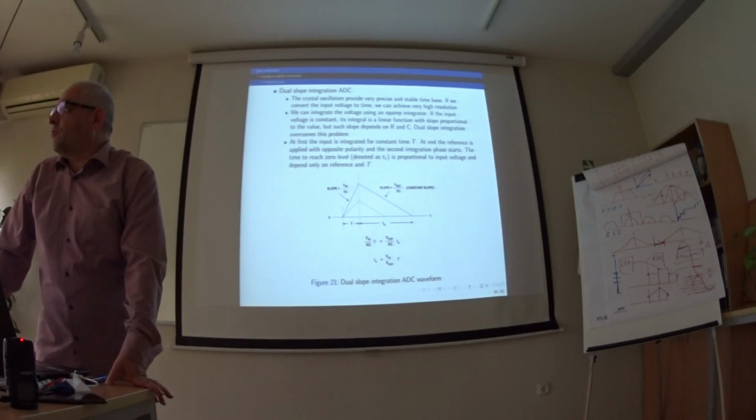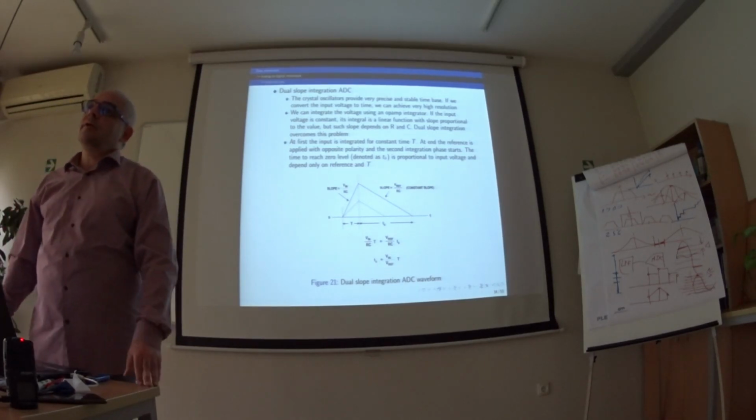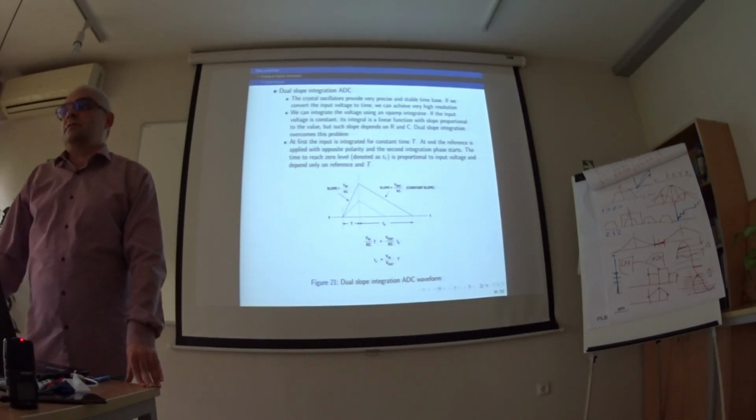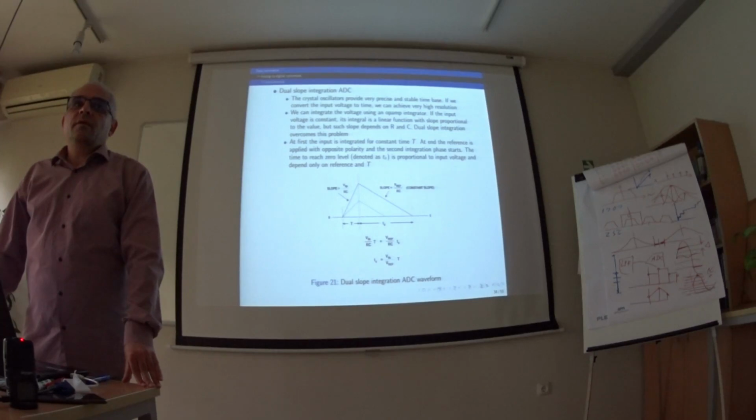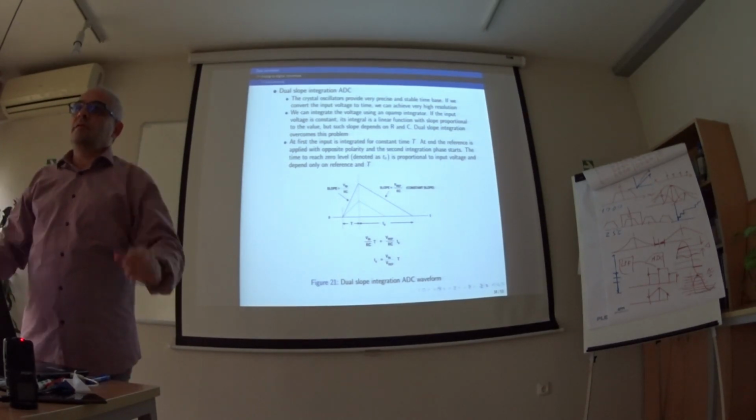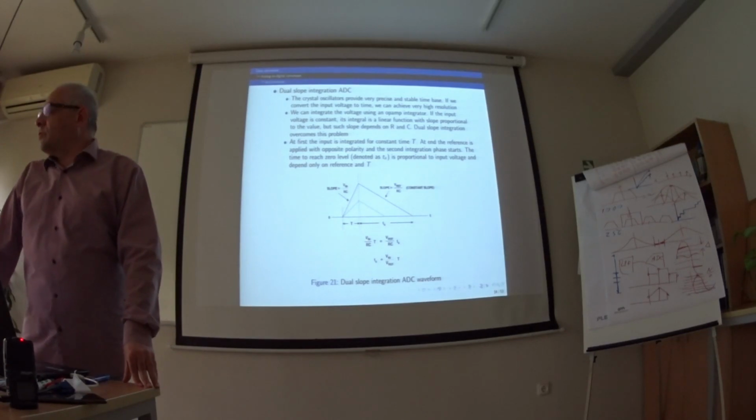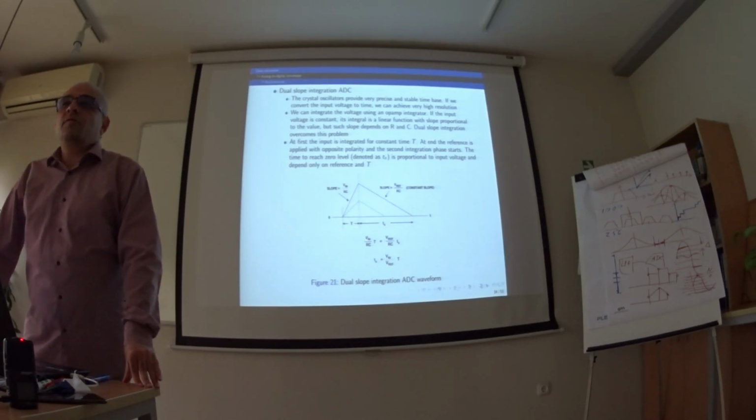If we can convert input voltage to time, we can measure this time very exactly. How? If we have a crystal oscillator, we can measure the number of clocks in a given time interval. Such number of clocks is equivalent to the input voltage.